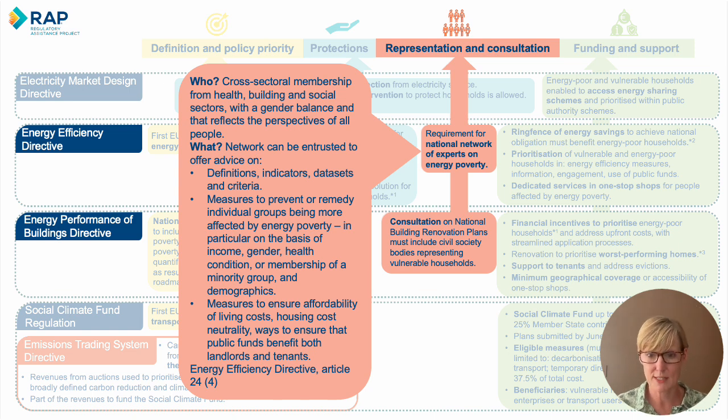We do have some of these networks existing already. Many of them are called observatories, and I think they have been effective to measure and monitor energy poverty in the population, identify different communities that might be more at risk, and to assess and advise on policies and plans. So now we should have one of those in every country.